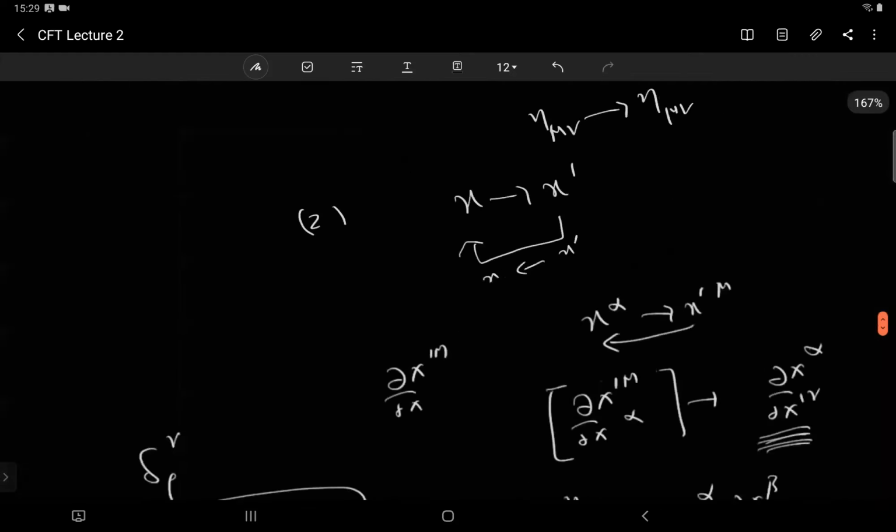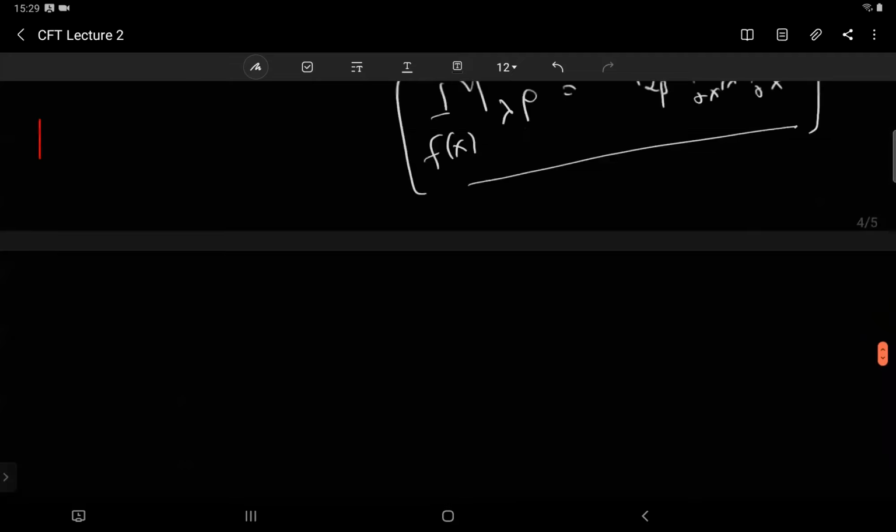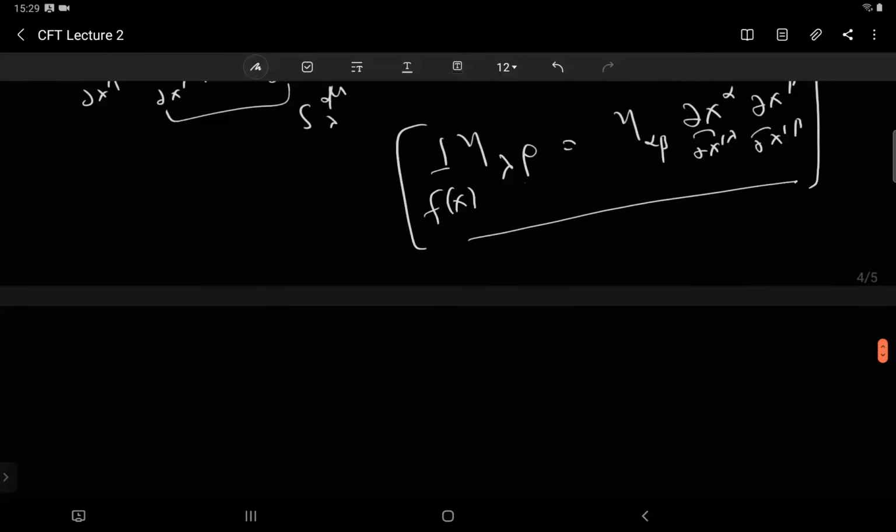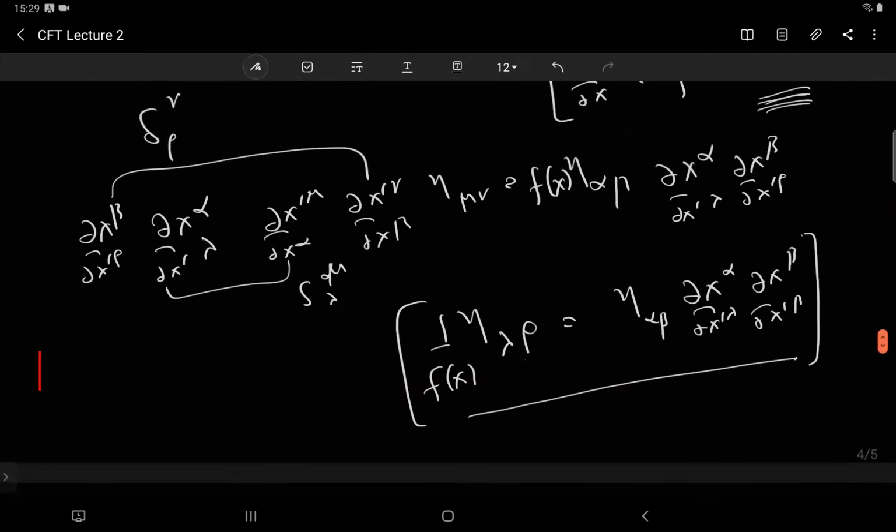So f of x cannot be less than 0, right? No, if you demand that the causal structure has to be preserved, then f of x cannot be less than 0.